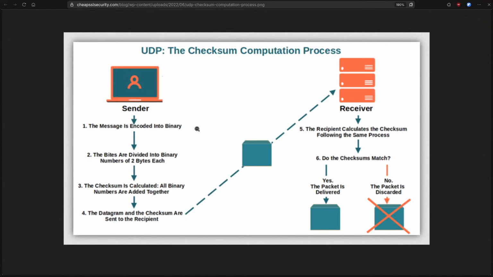First, the message the sender wants to send is encoded into binary. Then the bits are divided into 2 bytes each for this particular checksum. What is a checksum? A checksum basically means a signature. It's more like a hash. And what is a hash again? Understand, a hash is like a signature.